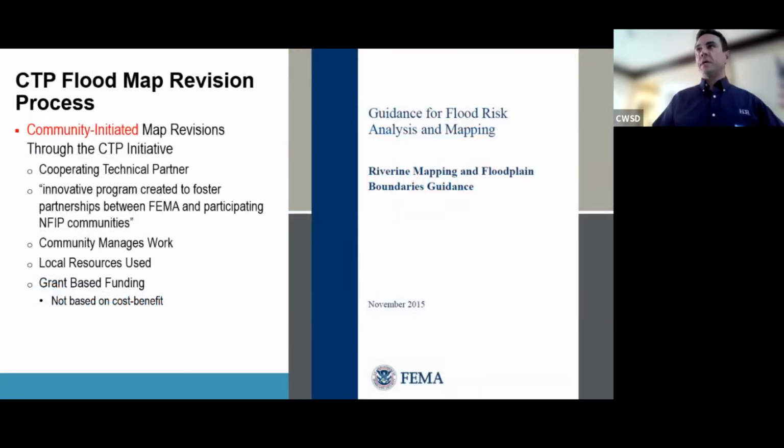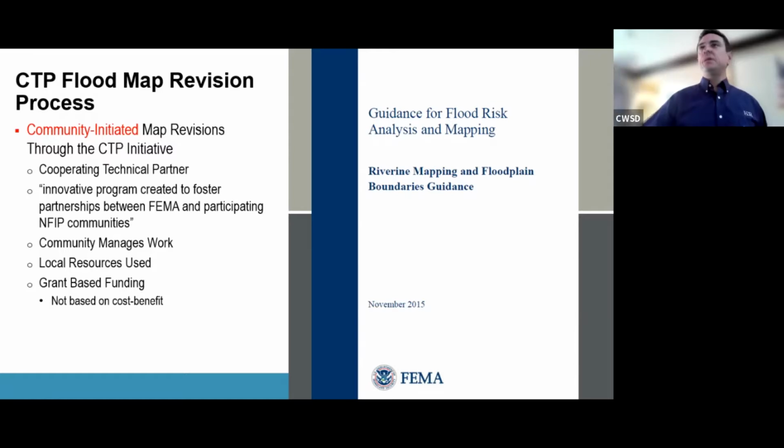The other process is what the Carson Water Subconservancy District is going through, and it's the CTP, or Cooperating Technical Partner Program. This is a community-initiated map revision, and this is funded by FEMA, but it is initiated and coordinated by the community, or a cooperating technical partner. This is something that an agency like the CWSD can put in for and become a technical partner.